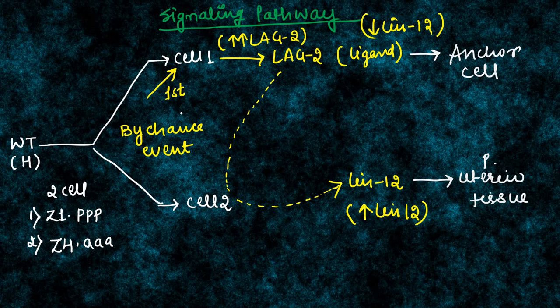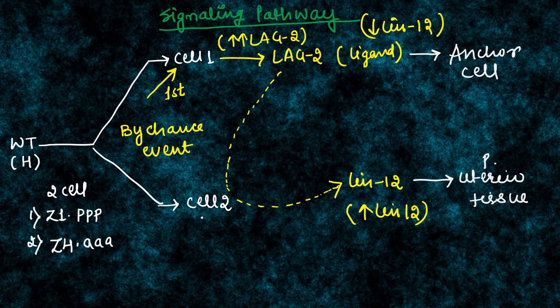Here I have considered that cell 1 is activating first, but we can also consider that cell 2 is activating first. In that case, cell 2 will start producing lag-2, and it will signal cell 1 that you should start producing lin-12 because I am producing lag-2.